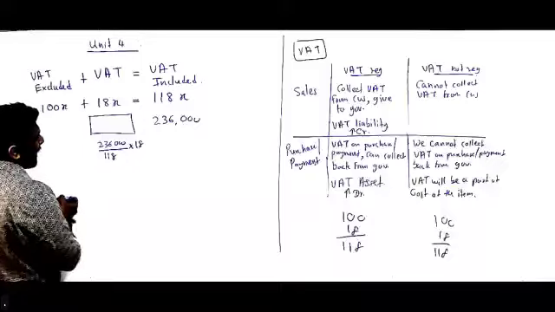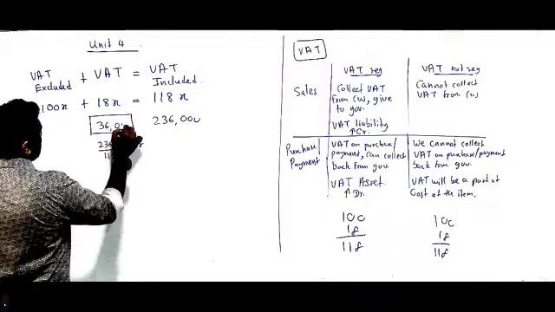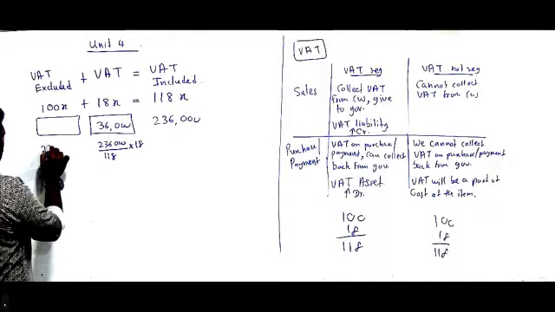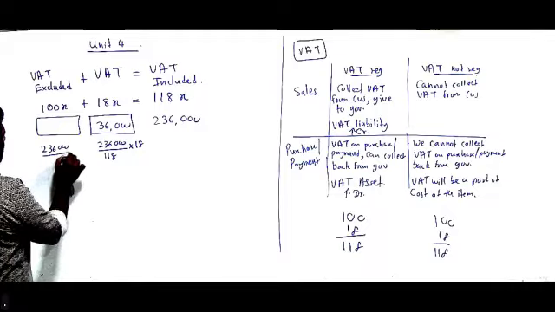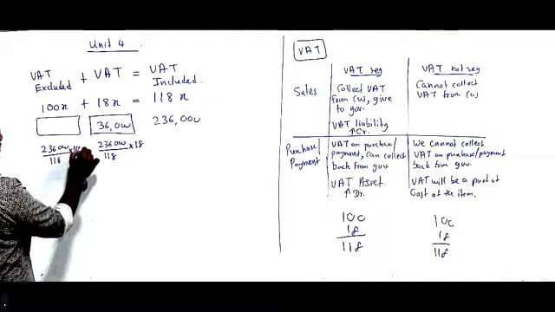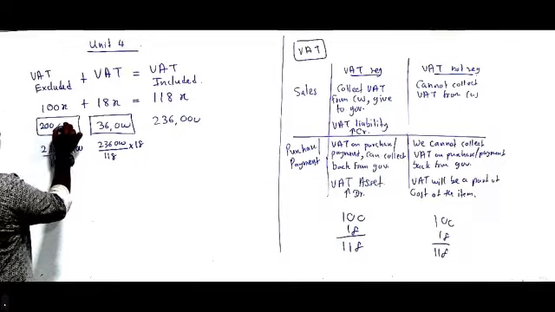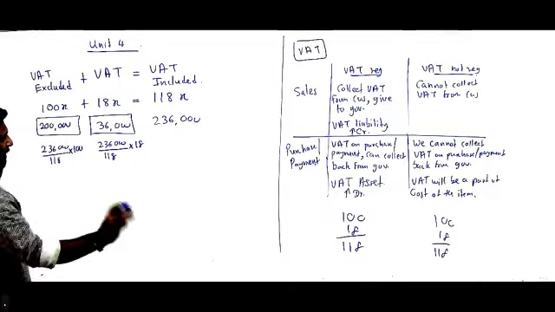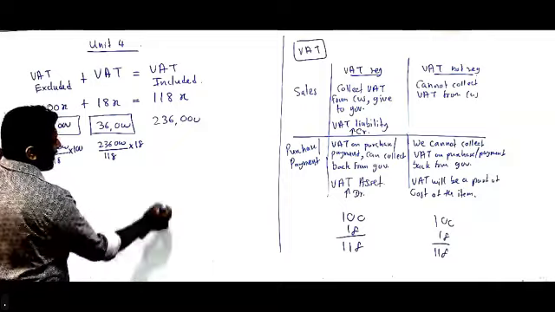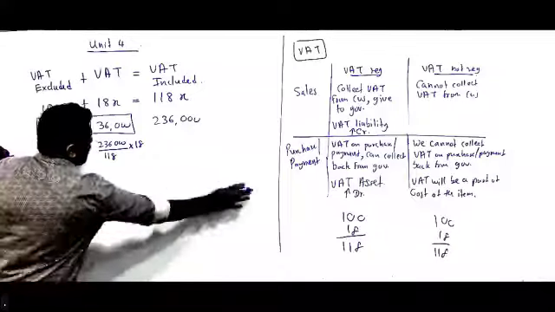What's the value? Take the calculator and tell me. 36,000. Here also we can use the same concept. 236,000 is the value of 118x, so what is x? 100. Then the value you get is 200,000. So remember, if they give a VAT included amount, say 115,000, we will take 230,000.